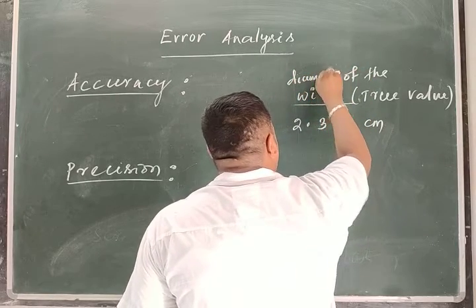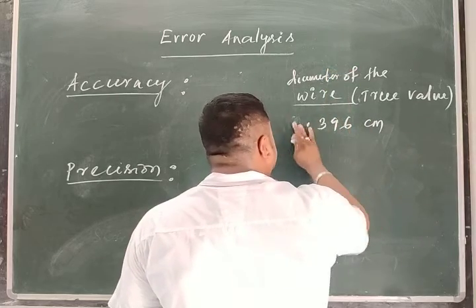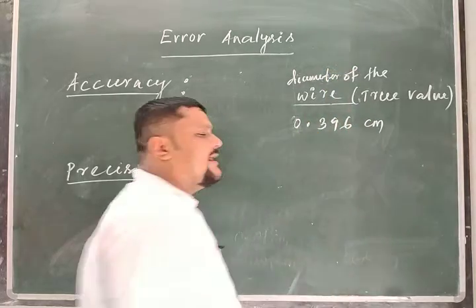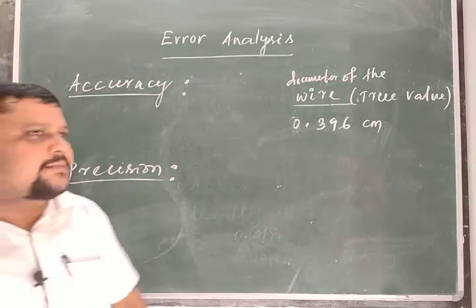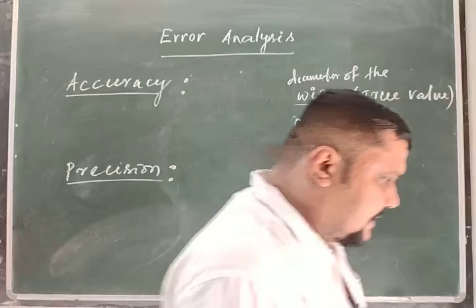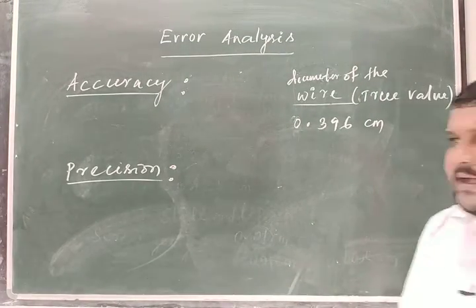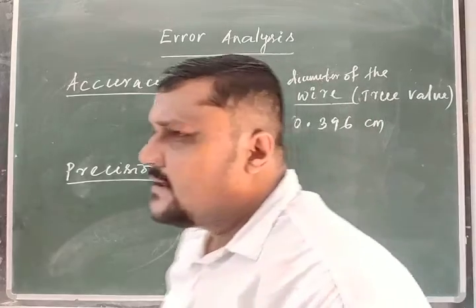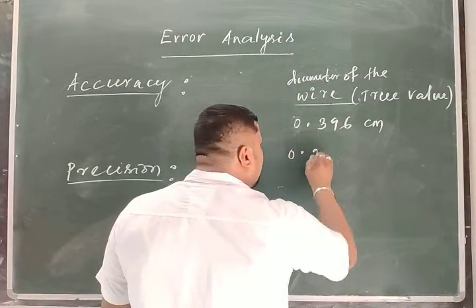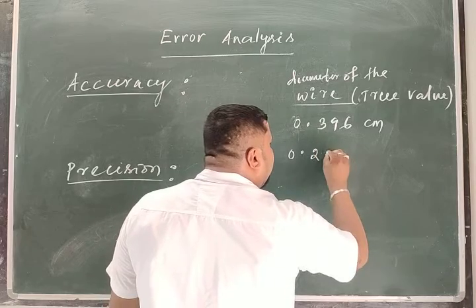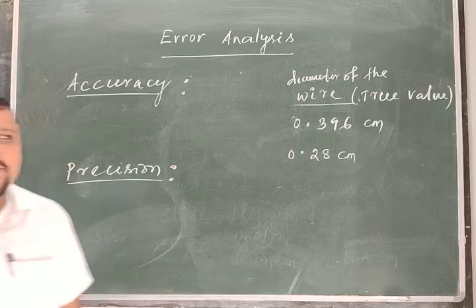Let us take the diameter of the wire as 0.396 cm. This is the true value that I know. But by using a device, I measured and I got the measured value as 0.28 cm.